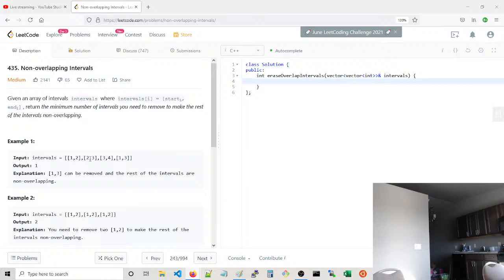Then you can say all of the intervals after sorting to the right, we'll call the coordinates a and b, where a is the first coordinate, the leftmost side, and b is the rightmost side.